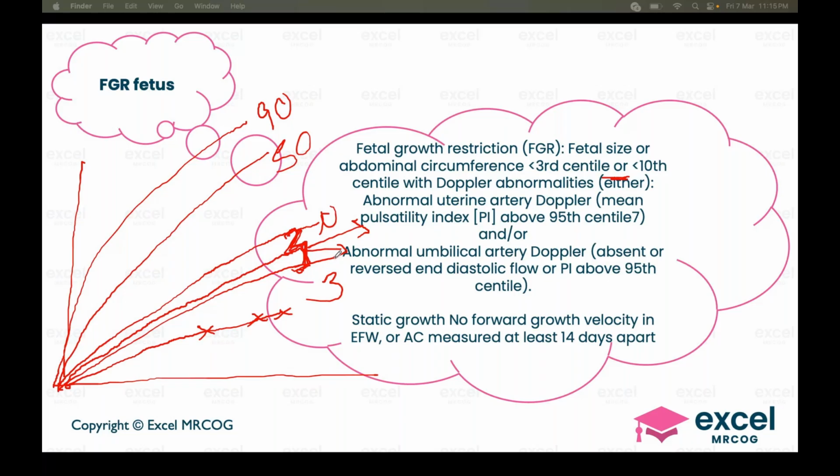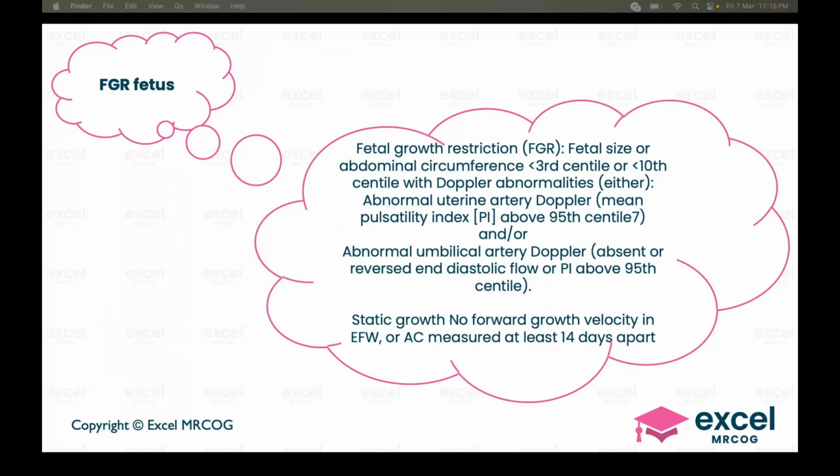All right. Now, static growth, that is, there is no definite growth velocity in EFW or AC, at least 14 days apart, is also considered pathological. Okay. So when the baby is not growing well, that means the baby is likely to have a pathological growth restriction. Now, why are these terms introduced?